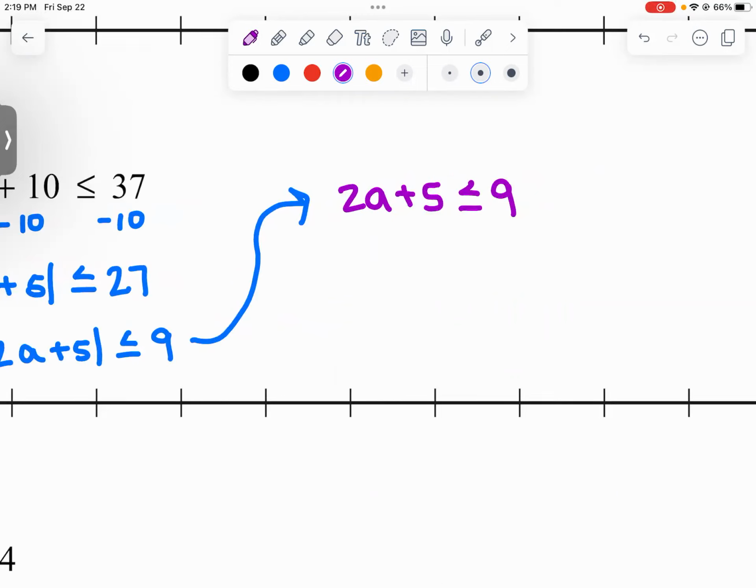Carly, and or 2a plus 5 is greater than or equal to -9. So when we solve this one, Izzy, what do we get? A is what? A is less than or equal to, because it'd be 2a is less than or equal to 4.